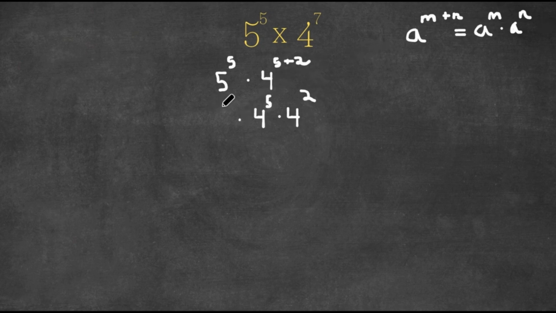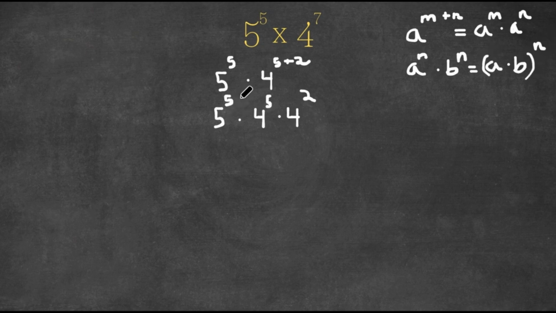And we're still multiplying this with 5 to the power of 5. Now, another property of exponents is that if we have a to the power of n times b to the power of n, this is equal to a times b in parentheses to the power of n.